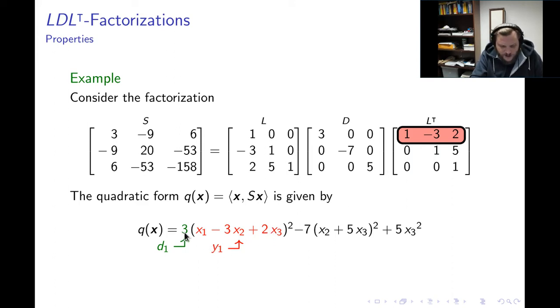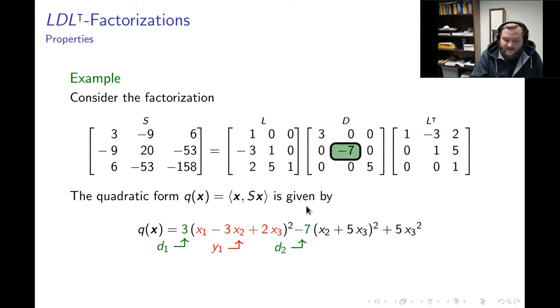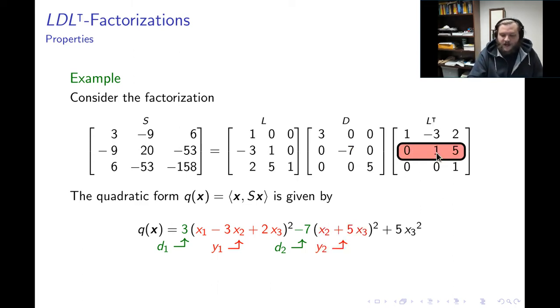So my first term is 3 times y1 squared. The next term should be d2, which is the second diagonal entry of D. That's negative 7, multiplied by y2 squared. And y2, if I look at the second row of L transpose, should be the quantity x2 plus 5x3, squared. The last term should be the third diagonal entry of D, which is equal to 5, multiplied by y3 squared.